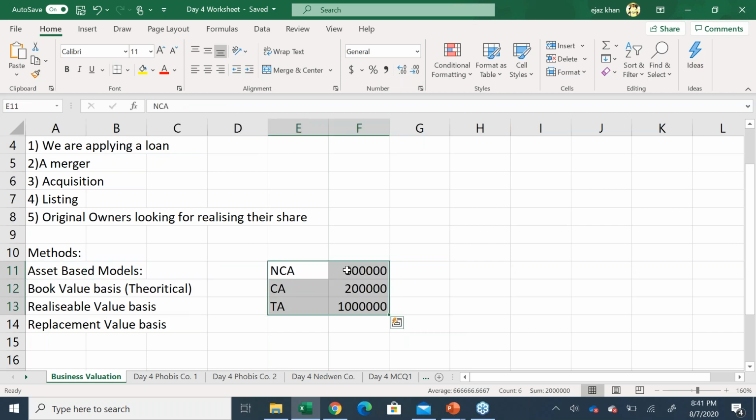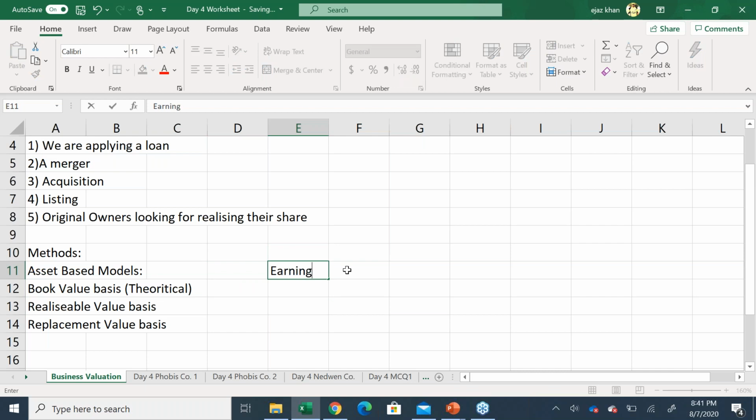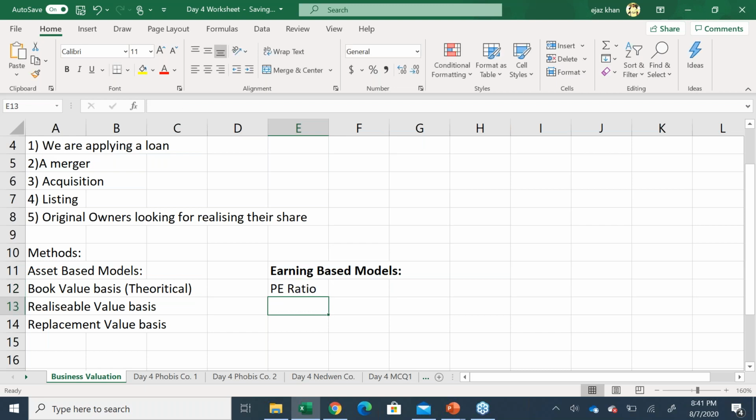Okay, then we have another category, the earning based models, valuing a business on its capacity to generate earnings, the most commonly used one. One of the methods under this category is the PE ratio, price earning ratio, or earning yield.